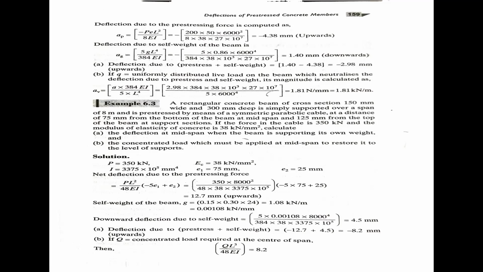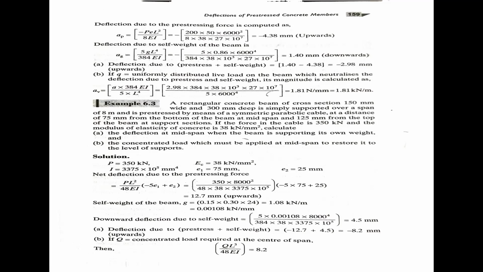Another example, 6.3. A rectangular concrete beam of cross section 150 mm wide and 300 mm deep is simply supported over a span of 8 meters and is prestressed by means of a symmetric parabolic cable at a distance of the beam at support sections.